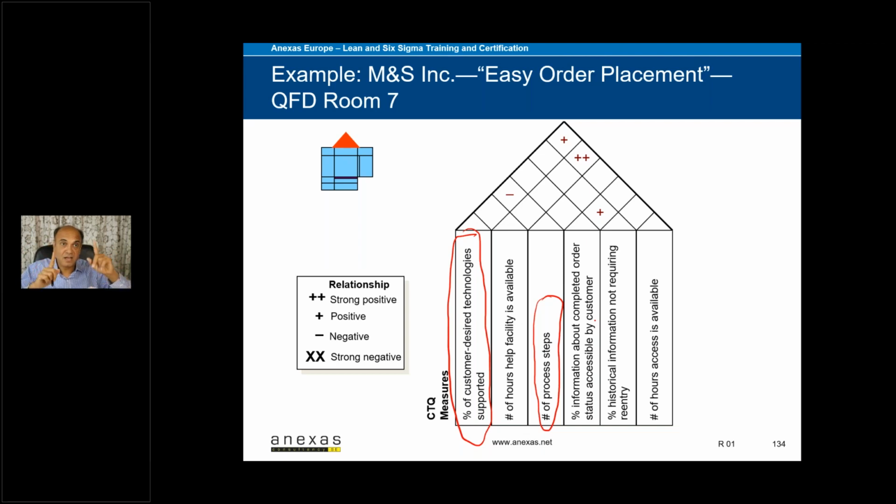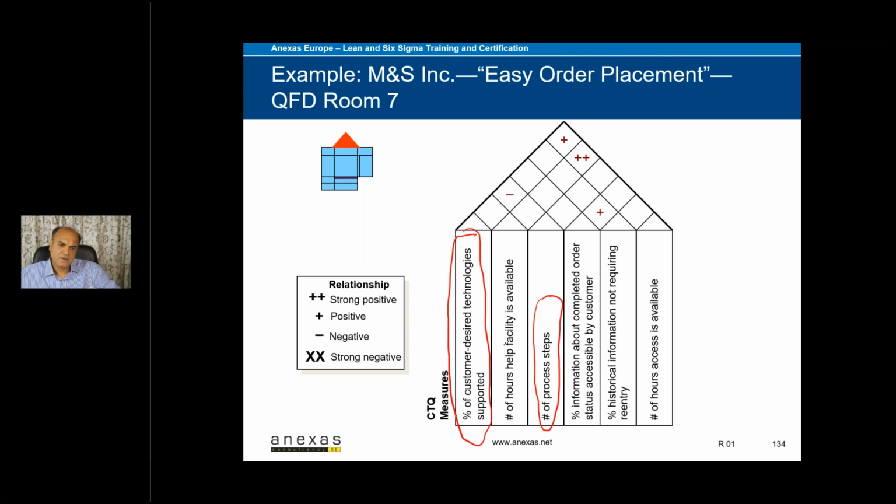So they are not supporting each other. If I reduce the number of steps, the number of technologies will reduce, but I want to increase that. And if I increase the number of technologies supported, then the number of steps will increase. So we have to be a little careful while designing, and this tells us that while trying to increase the number of customer desired technologies, be careful about the number of process steps.